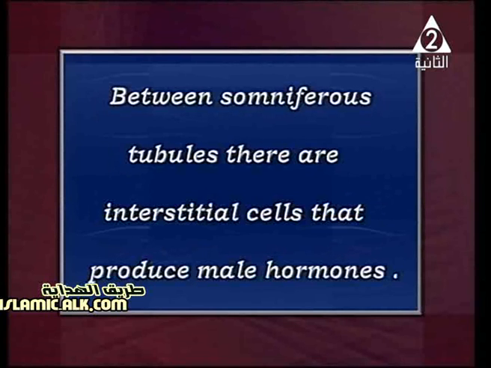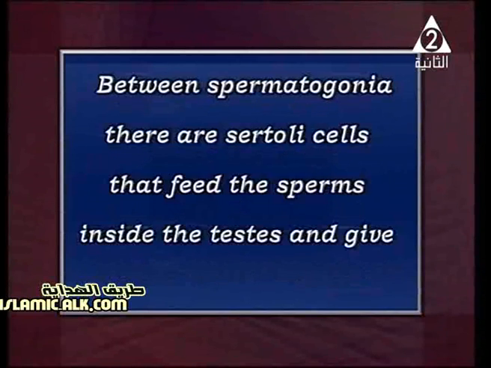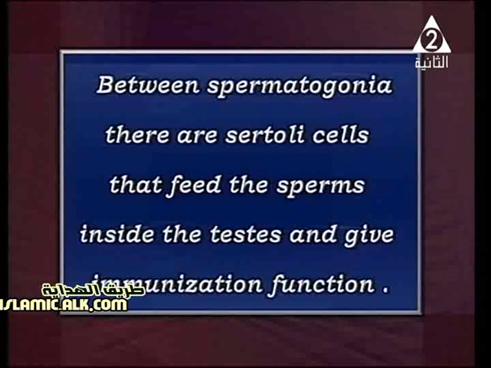Between the seminiferous tubules, there are some types of cells. They are called interstitial cells. These interstitial cells produce the male hormones, like testosterone. Between spermatogonia, there are Sertoli cells that feed the sperms.